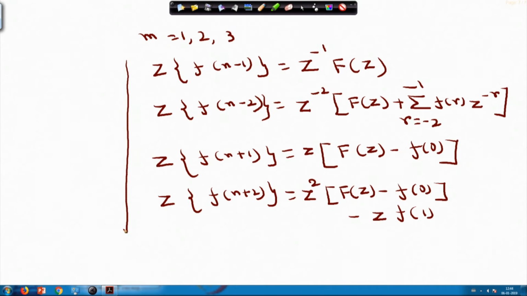So please note that z transform of f of n minus 1 is z to the power minus 1 capital F of z. In this way, we can write down z transform of f of n minus 2, z transform of f of n plus 1 and z transform of f of n plus 2. This will be useful whenever we try to solve problems.